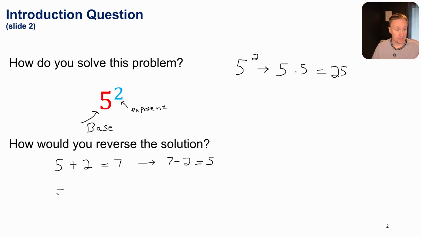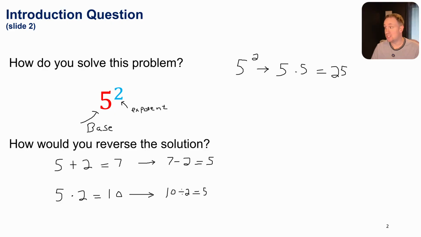Likewise, I can multiply 5 times 2 to get to 10. And if I wanted to reverse what I just did here, I would do 10 divided by 2, and I would get to 5.